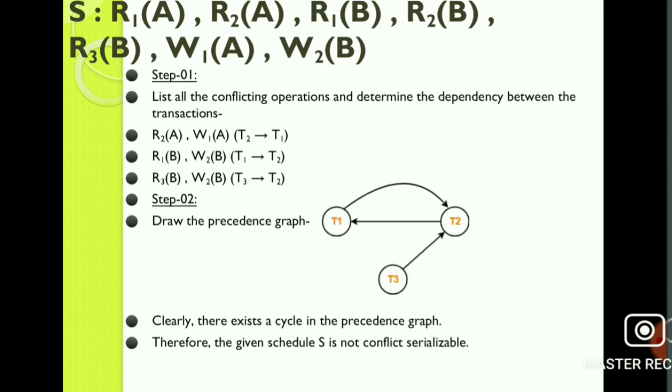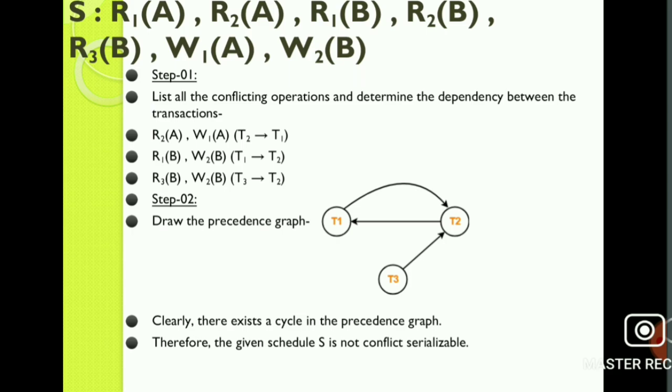So there is an edge from T2 to T1, and T1 to T2. So there is a cycle. Since there is a cycle in the precedence graph, the schedule is not conflict serializable.